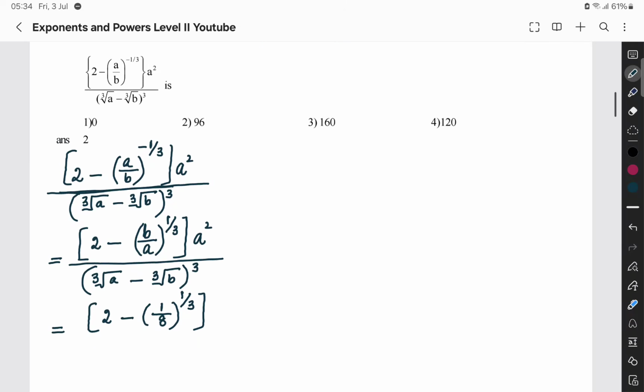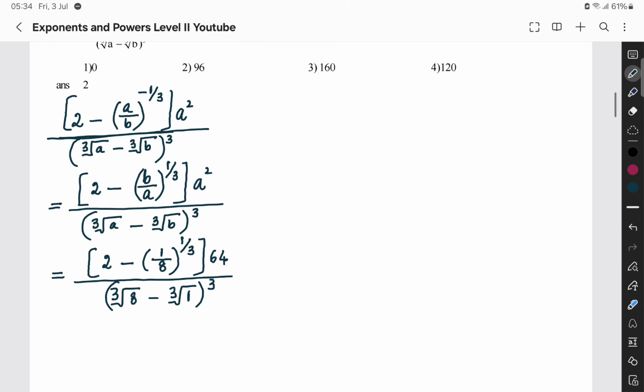What is a square? 64 by cube root of 8 minus cube root of 1 whole cube.